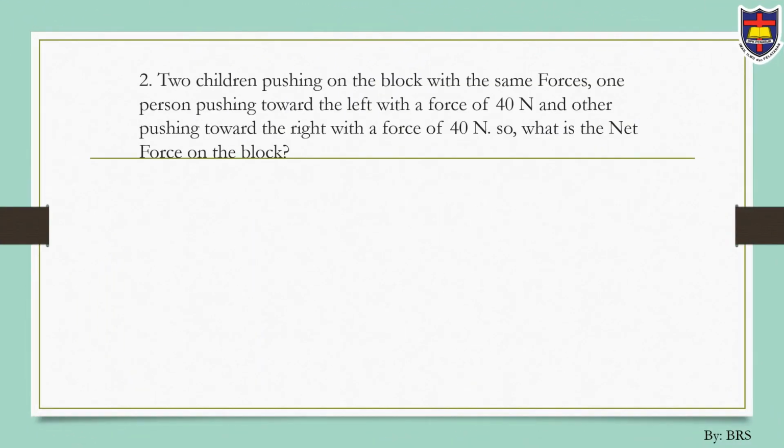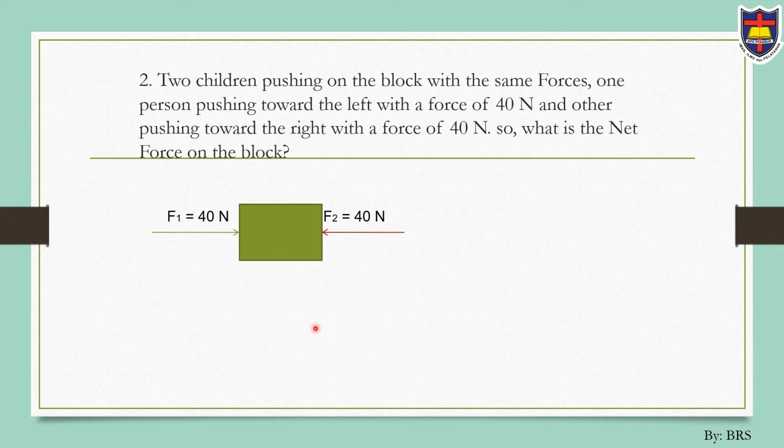Example 2. Two children pushing on the block with the same forces. One person pushing toward the left with a force of 40 Newton and the other pushing toward the right with a force of 40 Newton. So what is the net force on the block? This is the block pushed by two forces, F1 to the right 40 Newton and F2 40 Newton to the left.